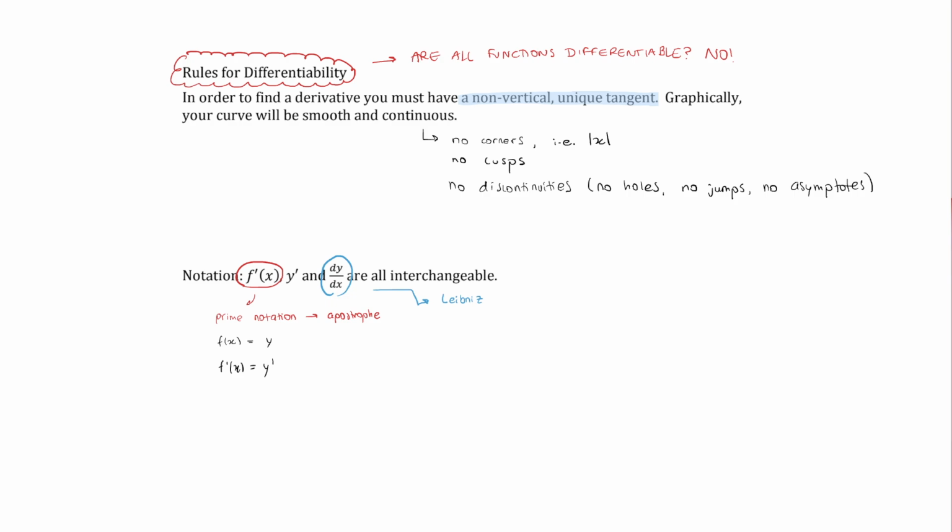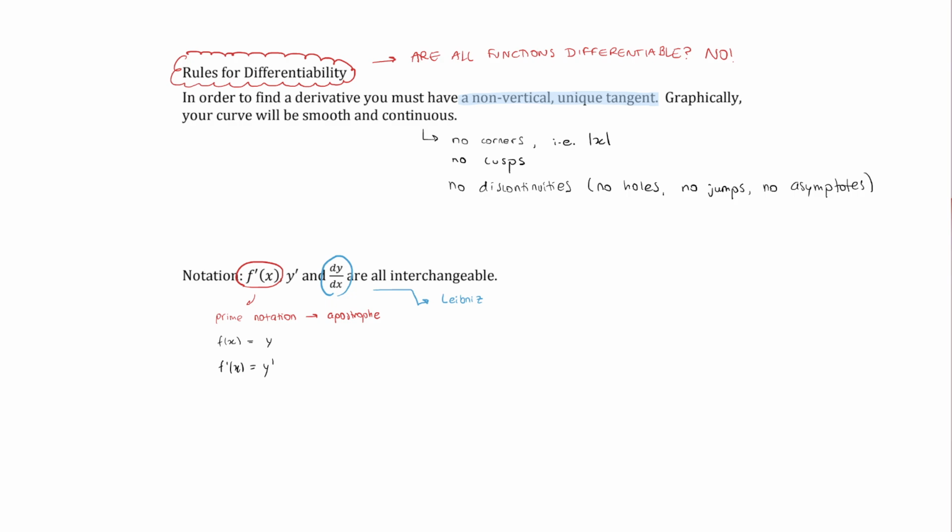He is thought to have put forth this notation of dy over dx. And so this notation is also used a lot in physics and engineering, because it explicitly denotes the derivative as a rate of change, okay?